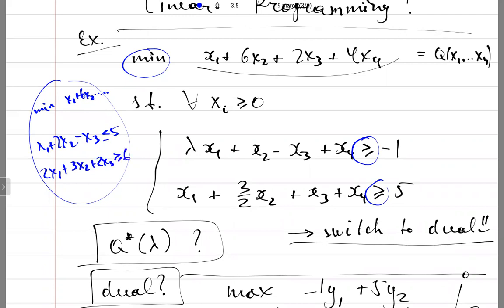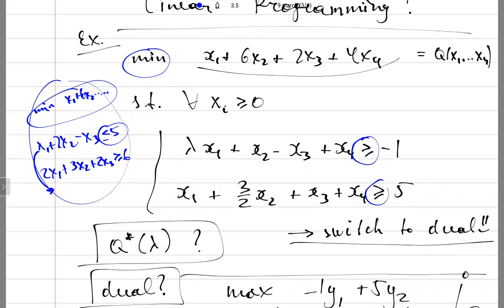I see that I have a minimization problem, but I have a problem there. So I will just multiply my inequality by -1. I will standardize the problem, and it's better to always work with non-negative Lagrange multipliers.